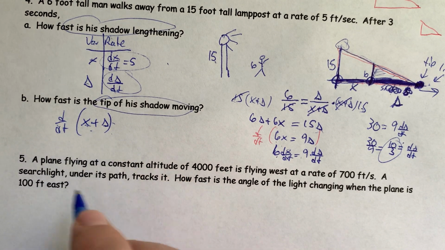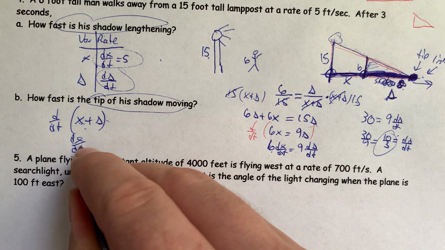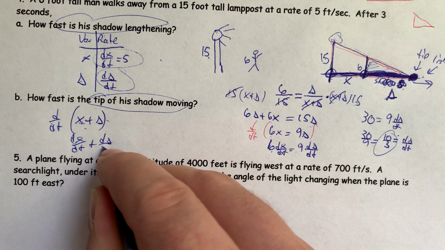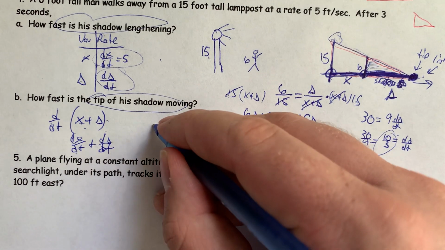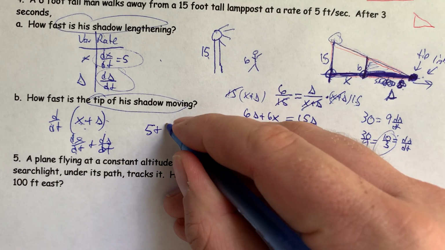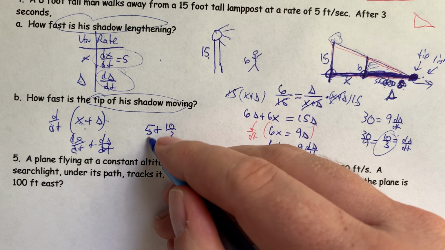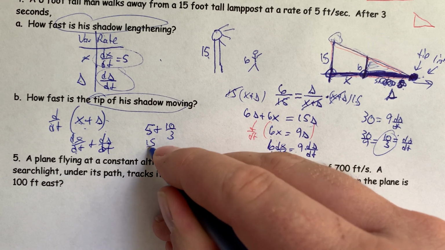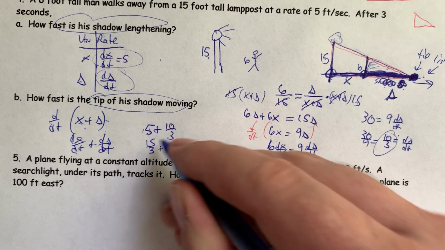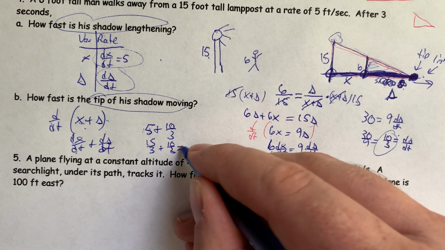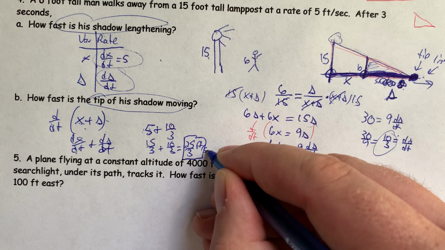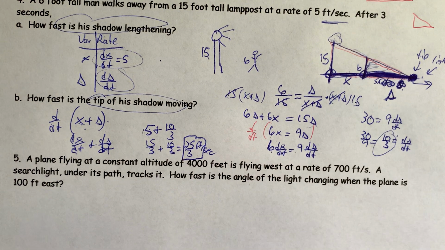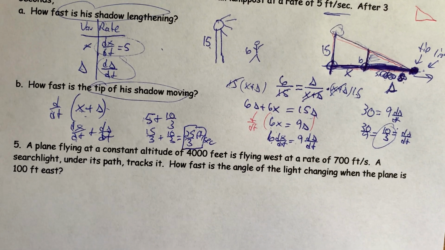So we just do the derivative with respect to time, and we get dx/dt plus ds/dt, both of which we already know. dx/dt is 5, and ds/dt is 10/3. If I wanted, I could make this into 15/3, multiply by 3 over 3, so I can get a common denominator and get 25/3. And this is going to be measured in feet per second because it's a length. So that's it. So we feel okay about that.